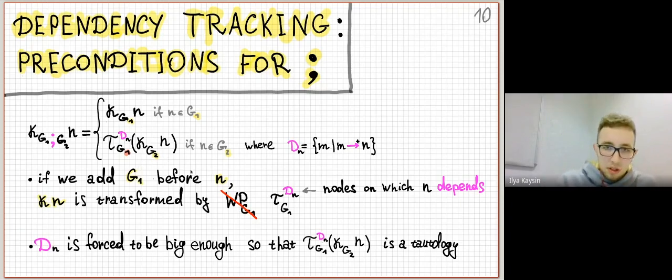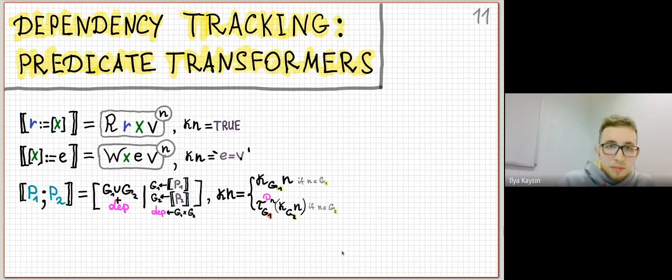Okay, so let me show you how these transformers are constructed. This is what we already know. When we interpret a single read, we get this infinite set of graphs for all possible values v.